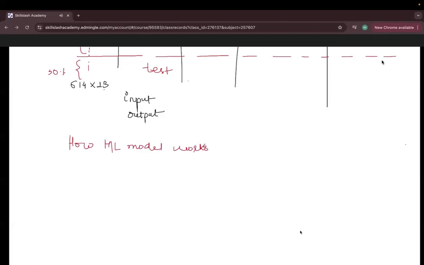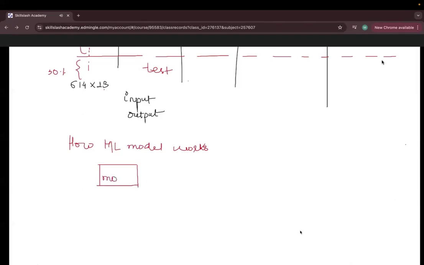What are we going to give inside the machine learning? Understand, this is your ML model.